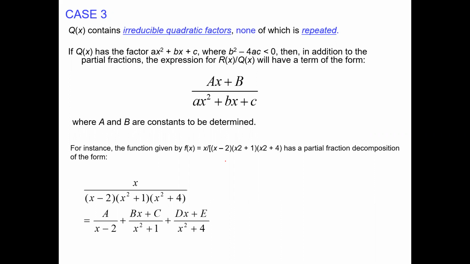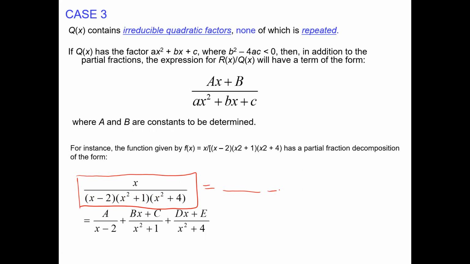And now the point is, how can we set up our potential partial fractions? Look at this expression: x over x minus 1, x minus 2, x squared plus 1, and x squared plus 4. We can see the quadratic irreducible factors, x squared plus 1 and x squared plus 4, which we can't factor further.